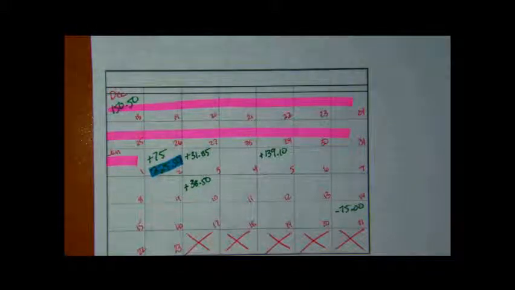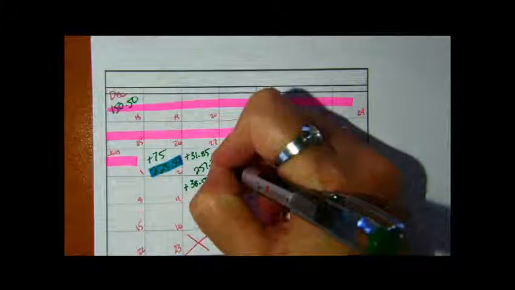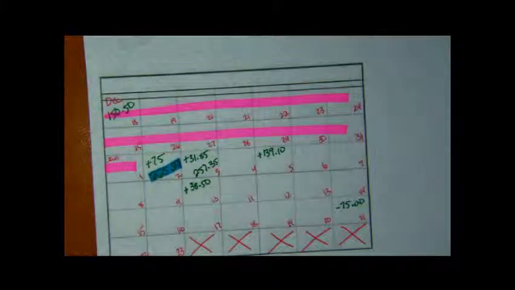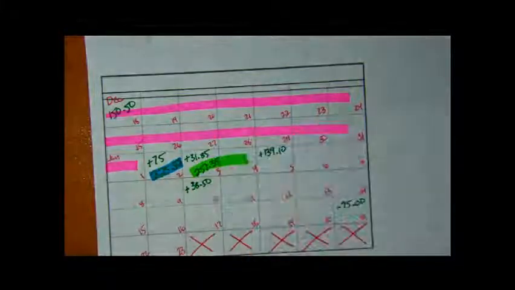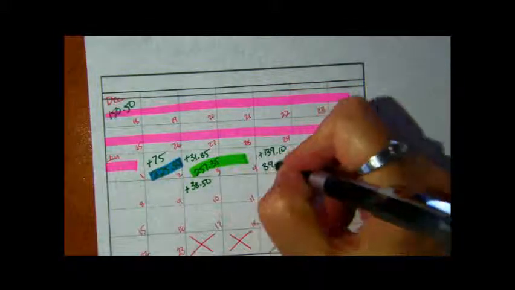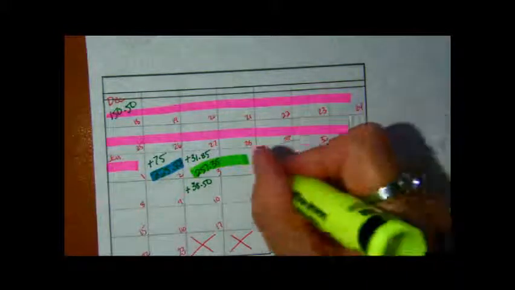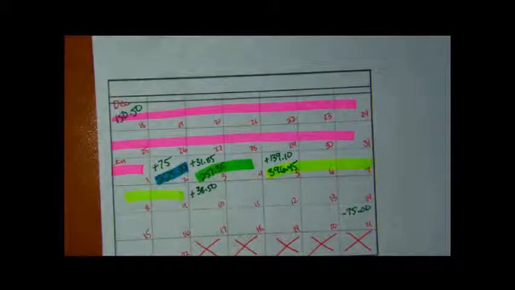Because the very next day she spends $31.85, which brings her up to 257.35. And she's 257.35 for those 2 days. And then she spends 139.10. And so she's 396.45 for those days. Then she spends 38.50.